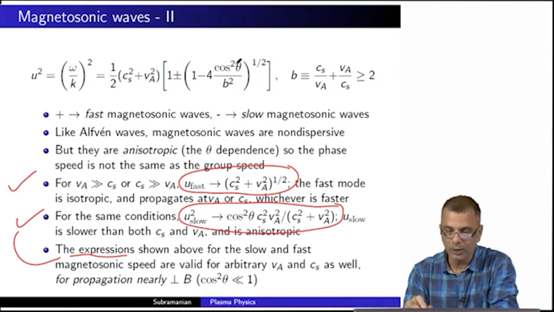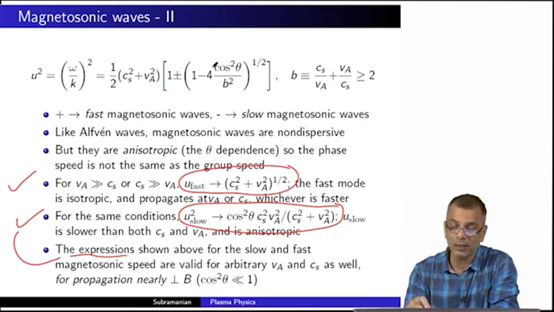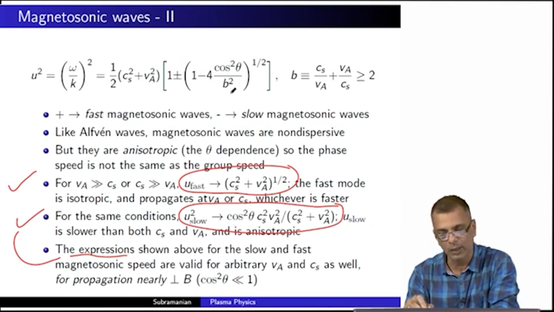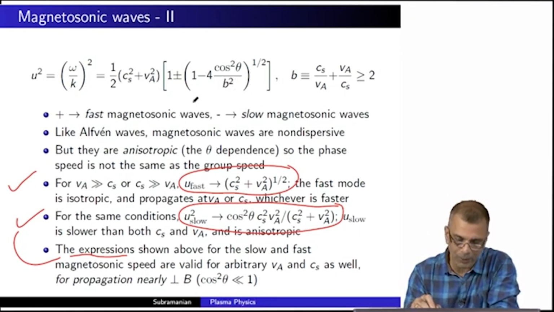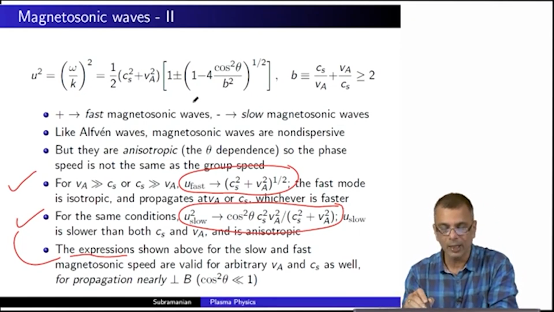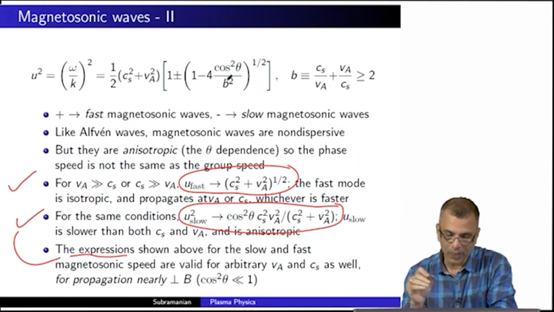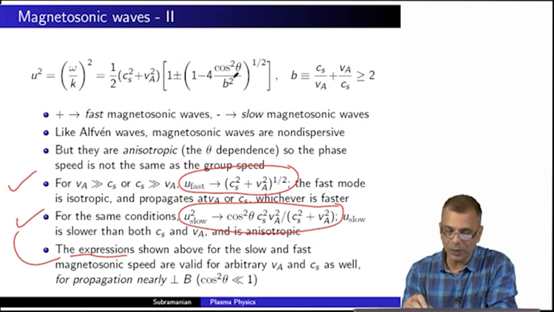In which case you can neglect this entire term multiplying the 4, which is much smaller than 1. In the case of the fast magnetosonic speed, you could completely neglect it. In case of the slow magnetosonic speed, you take that to be a small parameter for expanding in a binomial expansion.